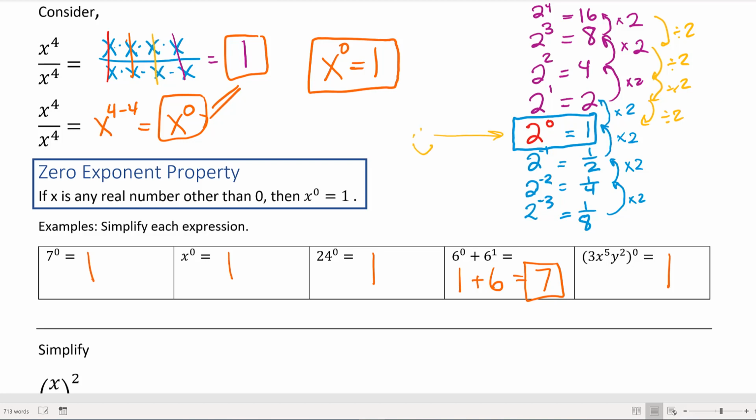And then 1 divided by 2 is a half. A half divided by 2 is a fourth, and then a fourth divided by 2 is an eighth. So all of these rules, the negative exponents and the positive exponents and the 0 exponents, all kind of work together as a pattern of every time you're doing this, you're multiplying it by 2.